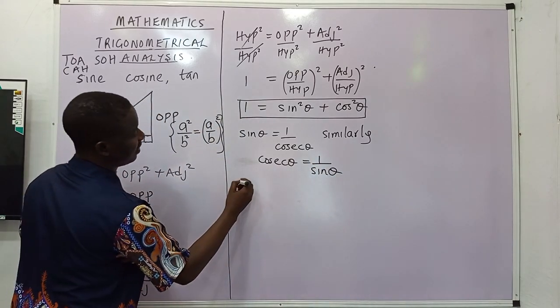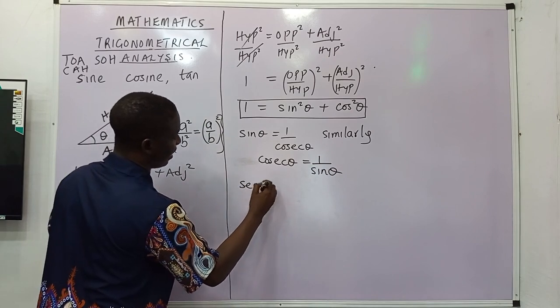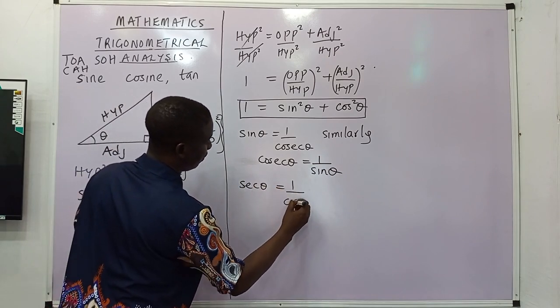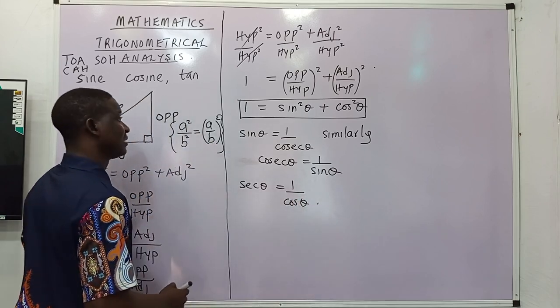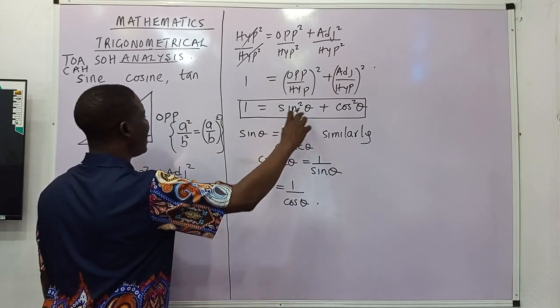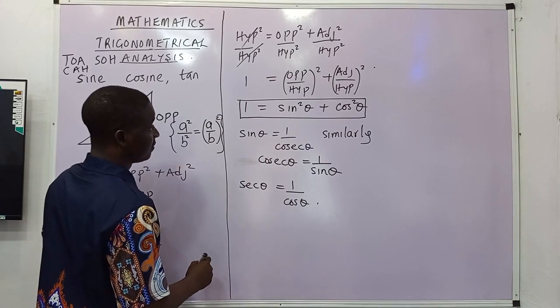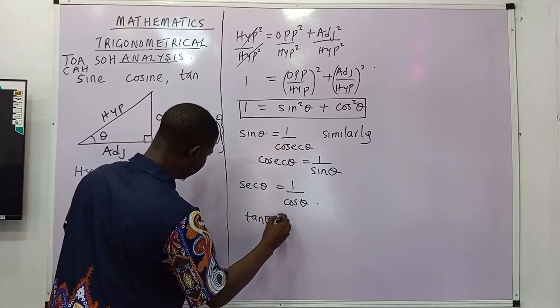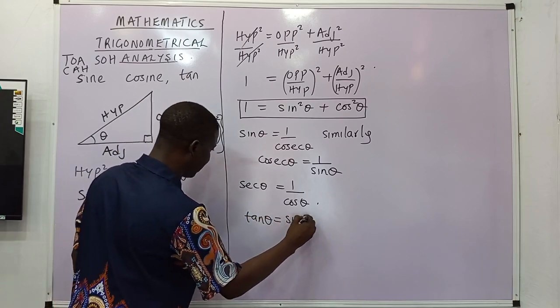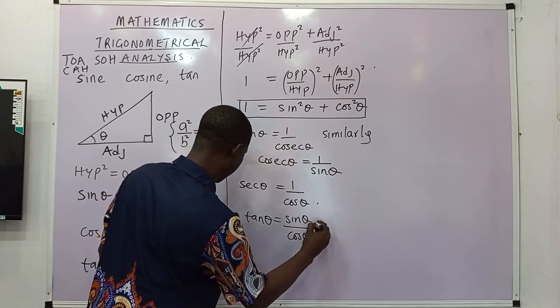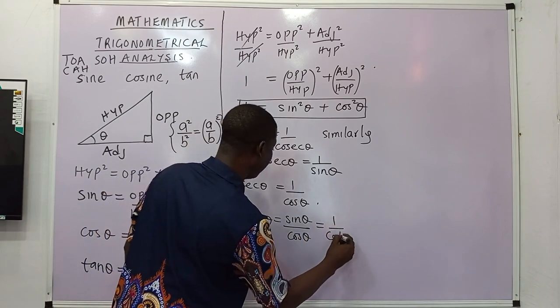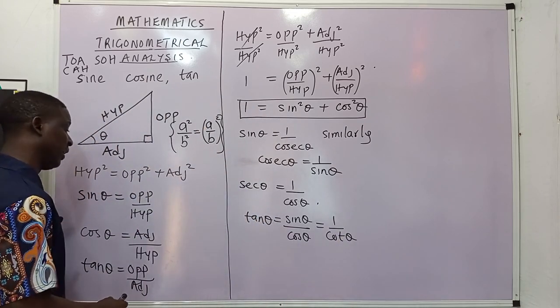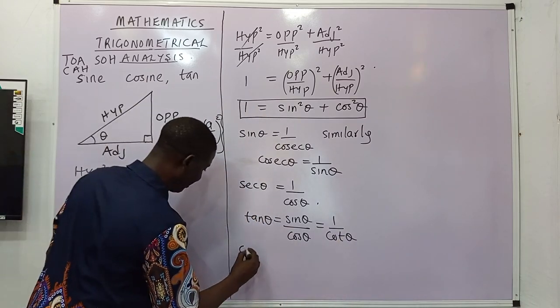So that means sec theta is equal to 1 over cos theta, as the case may be. And don't forget that tan theta is actually equal to sine theta over cos theta, and is equal to 1 over cot theta.